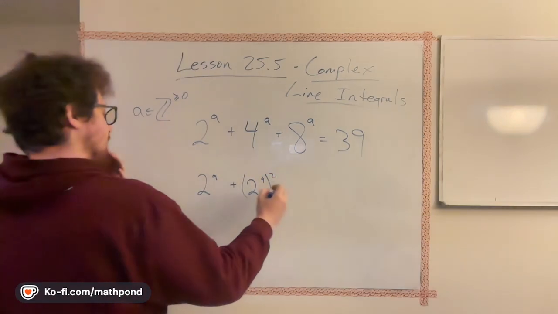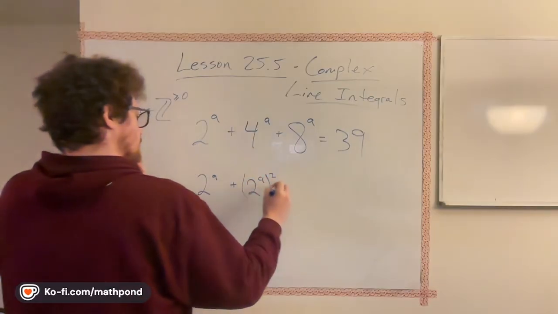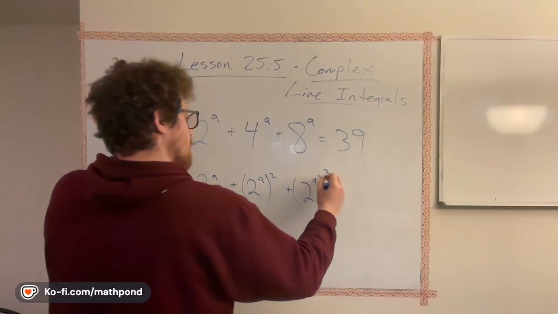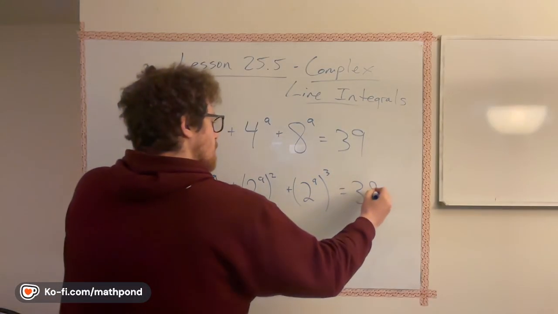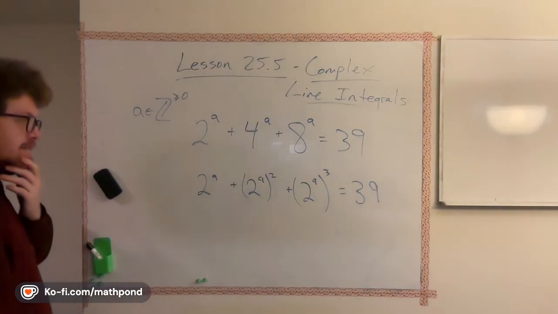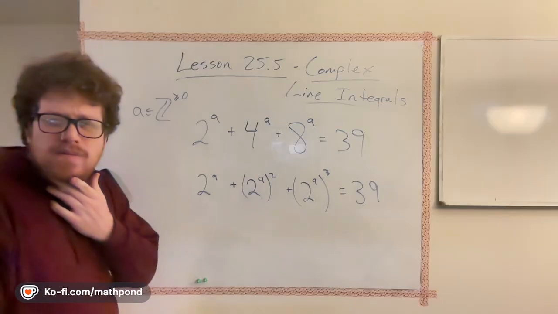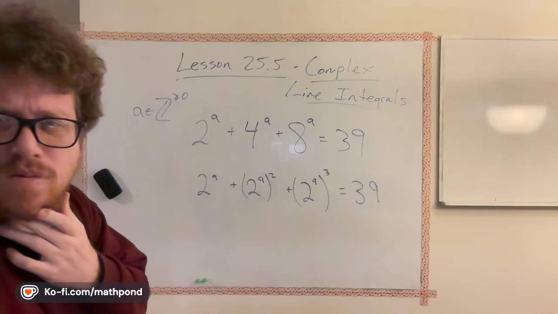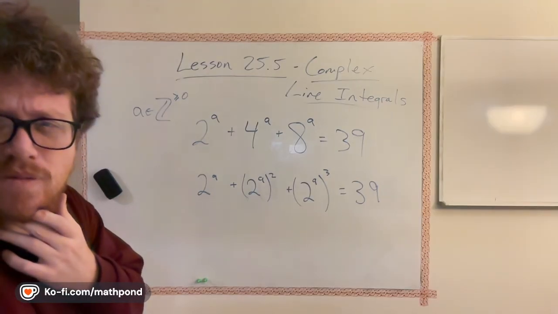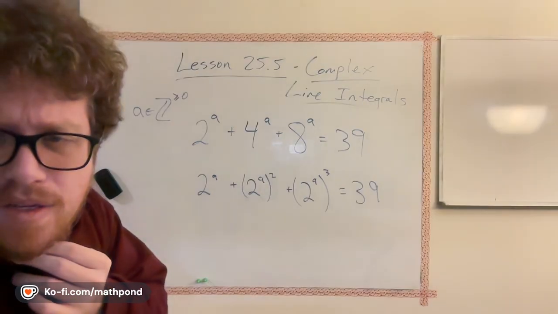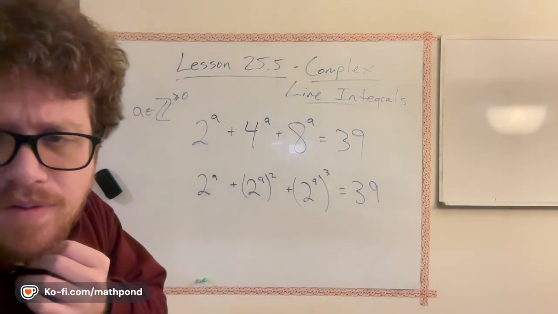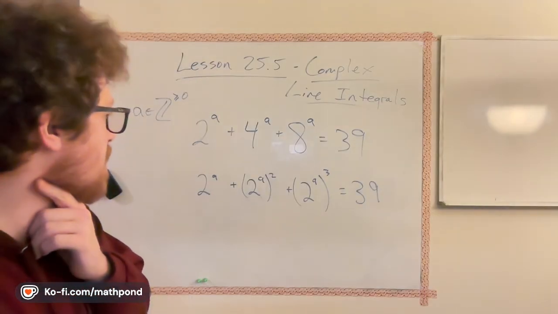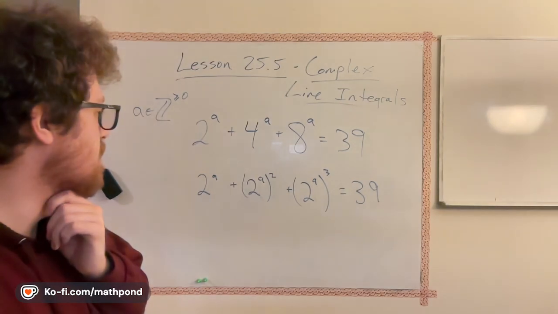Oh, good. It's 39. Then a is log base 2 of 3. Okay, I see what you're saying.